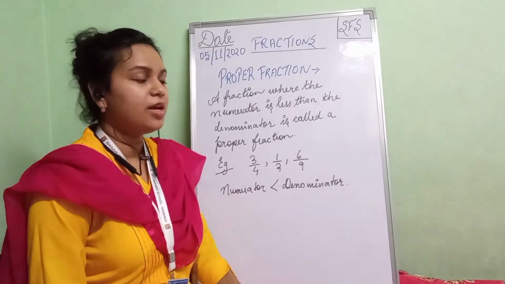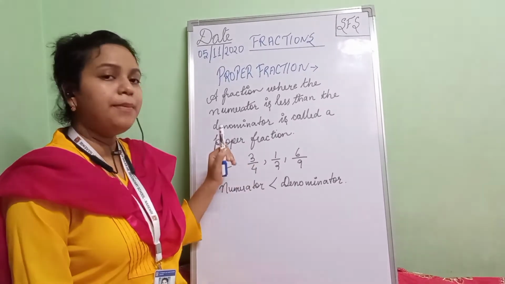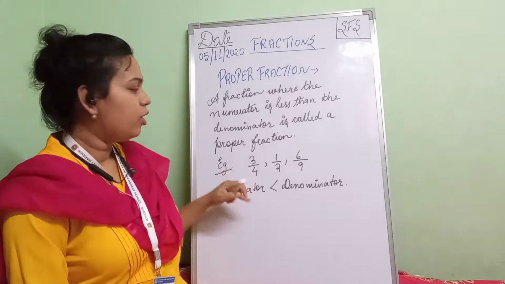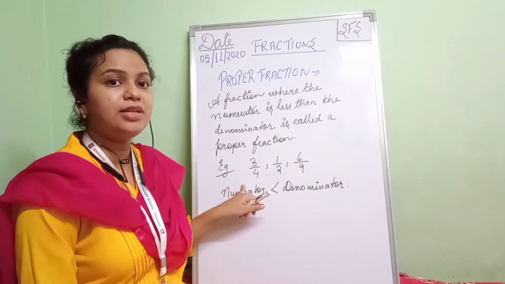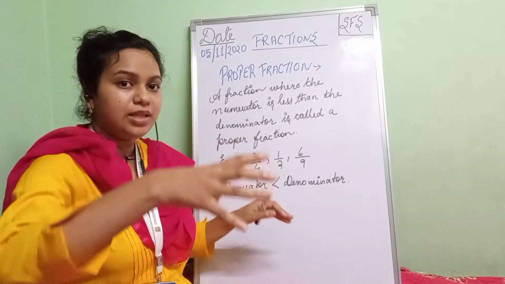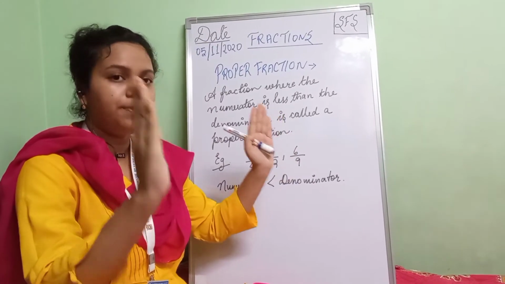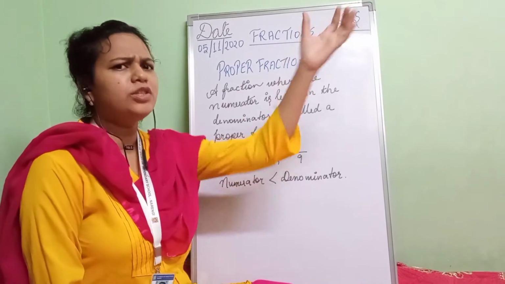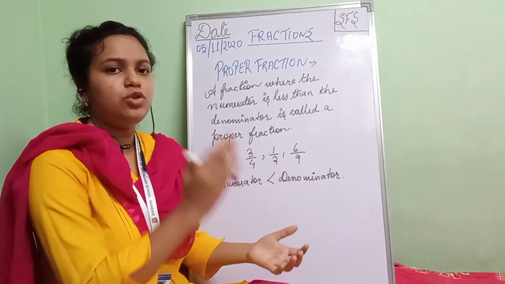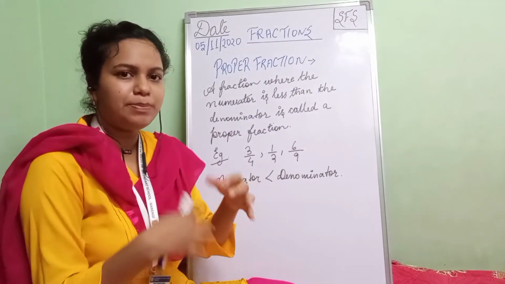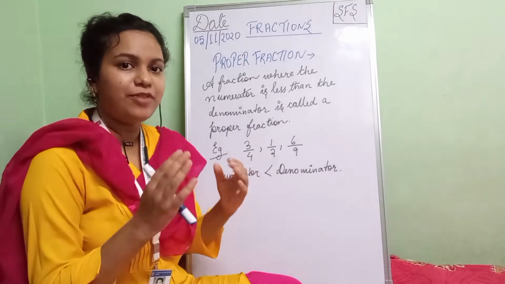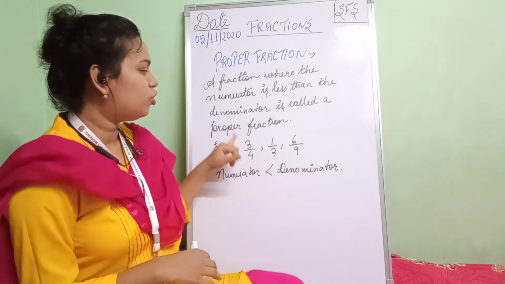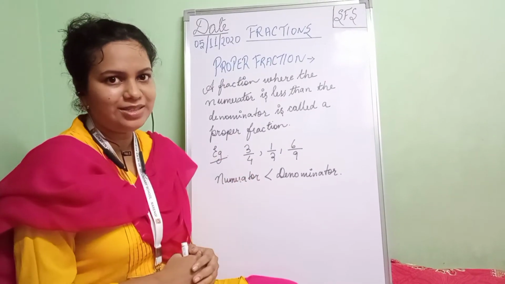Proper fractions represent some part of a whole. When you take 3 by 4, what does it mean? You are cutting something into 4 parts and you are selecting 3 of them, right? So if you take an apple and cut it into 4 parts and eat 3 parts, then what will be the fraction of the part you have eaten? 3 by 4, right?